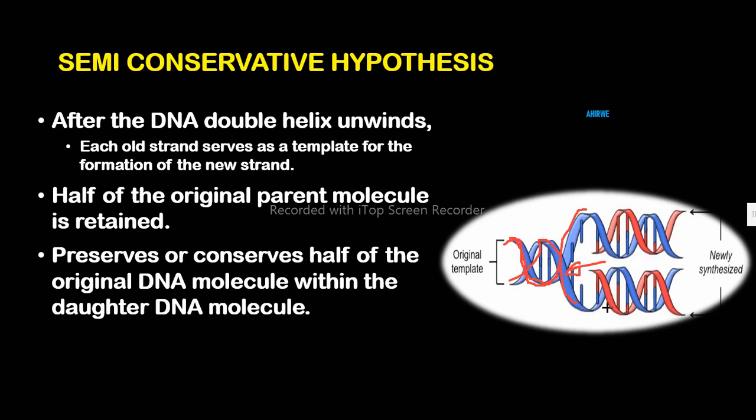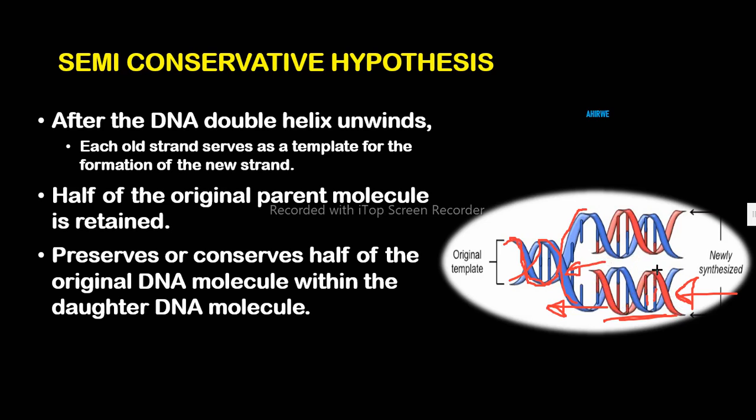The new strands bind with the old strands, and then you form that DNA structure. So the new DNA molecules formed will contain half the original template strand, which is the blue one, as you can see, and half the new strand of DNA, which is the red one.